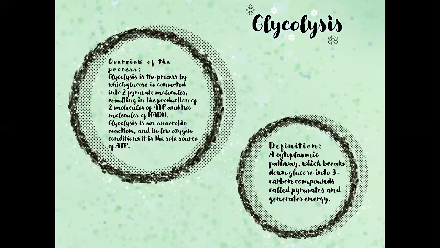Glycolysis is the process by which glucose is converted into two pyruvate molecules, resulting in the production of two molecules of ATP and two molecules of NADH. Glycolysis is an anaerobic reaction and, in low oxygen conditions, is the sole source of ATP.